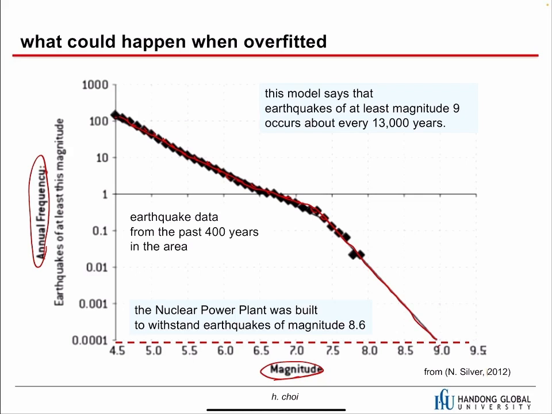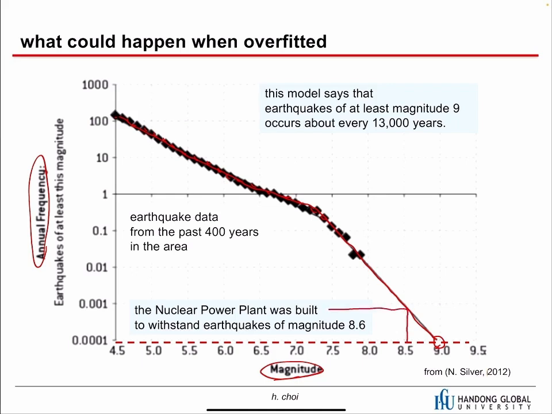So look at this point. Let's say if it is 0.0001, then magnitude 9 will occur about every 10,000 years. So they built the nuclear power plant, which can withstand earthquakes of magnitude 8.6. 8.6 is around here.